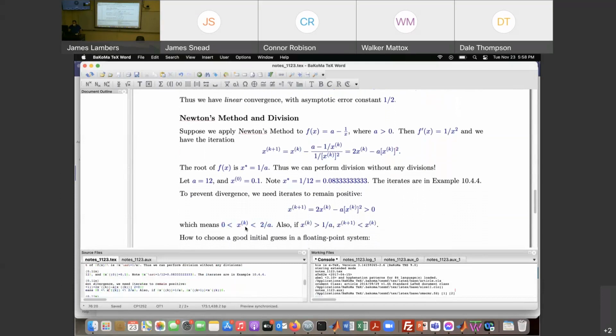So each iterate needs to be positive and less than 2 over a. Now, I found that kind of unfortunate because 1 over a is the number you're looking for. So now you're saying you need to require your initial guess be less than twice the number you're trying to get. So that sounds really impractical.